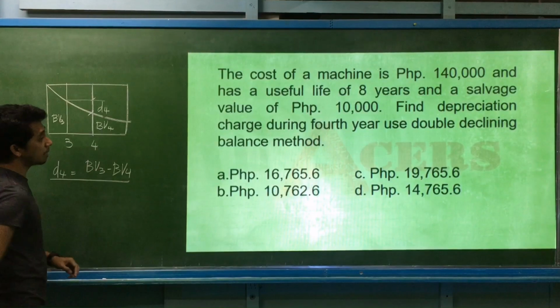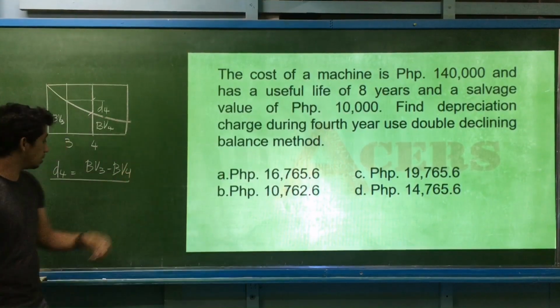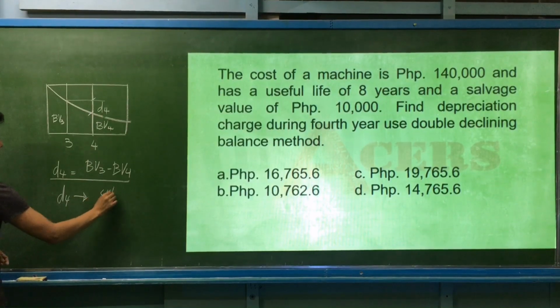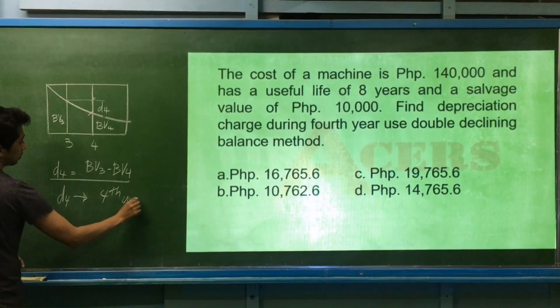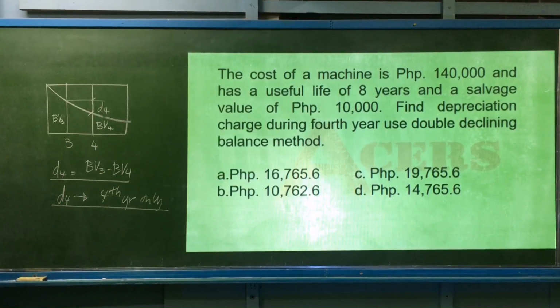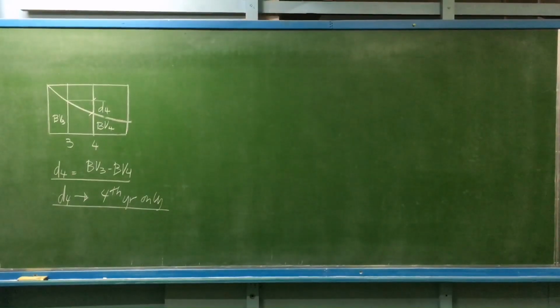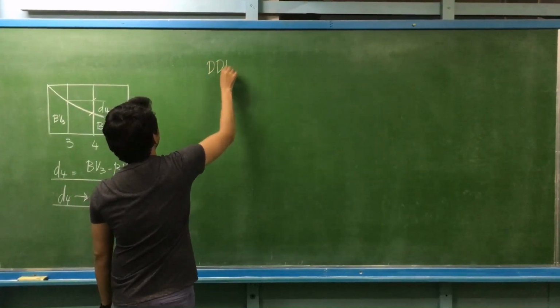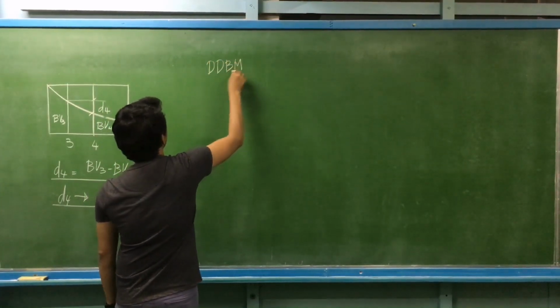Okay? Kapag ginamit yung term na during, which means yung D sub 4 natin, ang pinag-uusapan lang natin dito is 4th year only. And ang gagamitin daw natin is the double declining balance method.